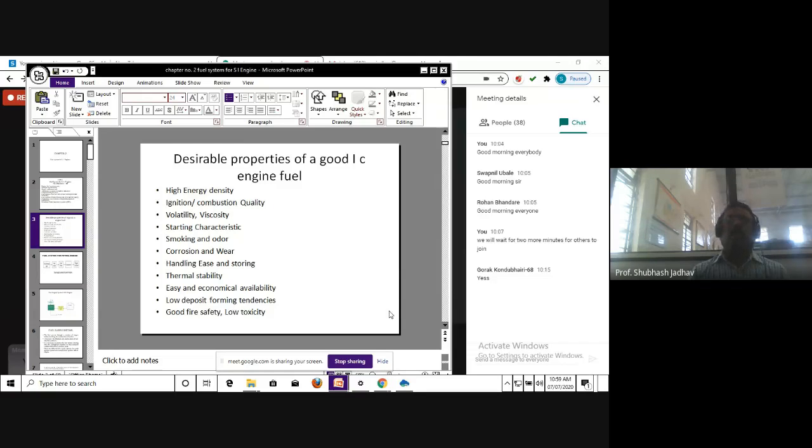For example, suppose we are talking about biodiesels. Suppose I am producing biodiesel from coconut oil. Then this biodiesel will be easily available in coastal regions, like Konkan, Kerala, or the coastal areas of Karnataka or Andhra. But what about the interior, like UP, Bihar or Madhya Pradesh, where coconut agriculture is generally not there to a higher extent?